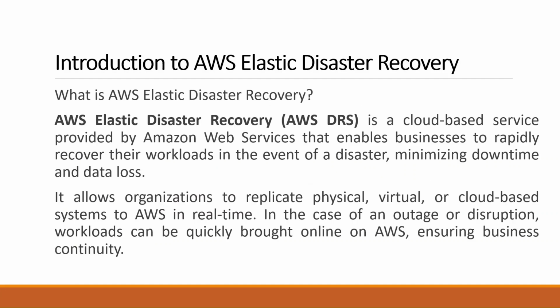So, firstly, what is AWS Elastic Disaster Recovery? It's a cloud-based service provided by AWS that enables businesses to rapidly recover their workloads in the event of a disaster, minimizing the downtime and the data loss.